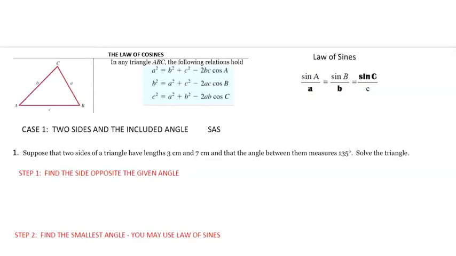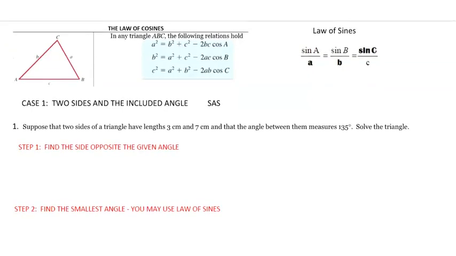So you are given the following information. This is case 1, 2 sides and the included angle. This little triangle up here to the left, I'm going to use that to annotate the information given here. So I have lengths of 3 centimeters and 7 centimeters, and I have an angle between them, which is also called the included angle, of 135.